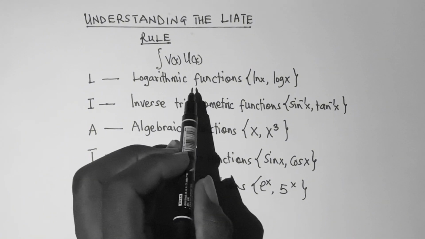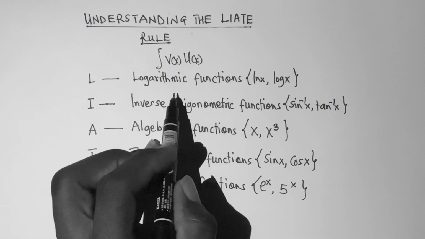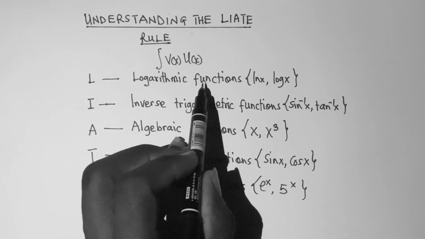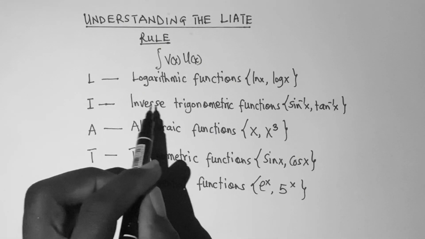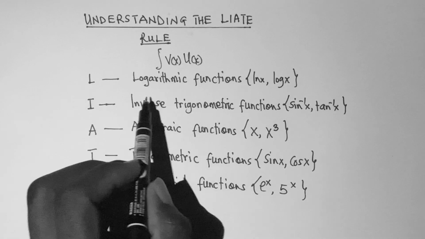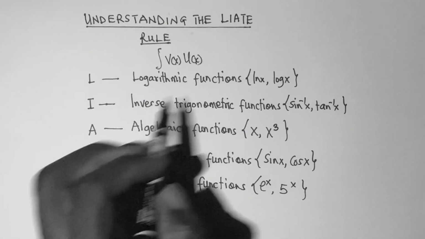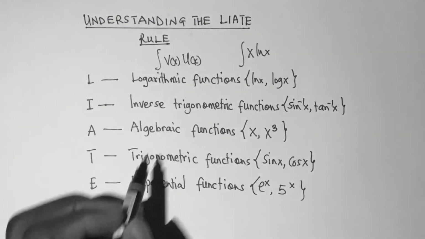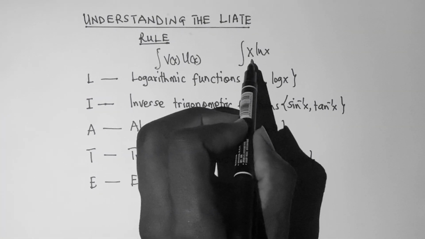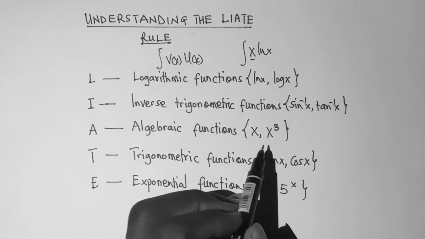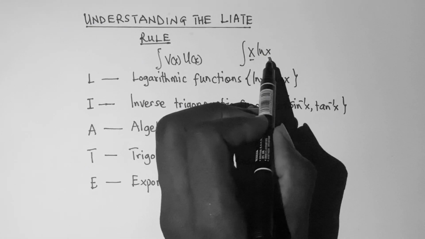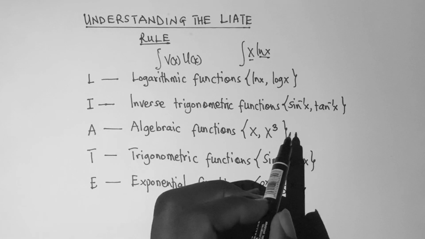With the LIATE rule, what comes first is the one to differentiate. So it tells us which one we should use as our u substitution. So if we have a function like x natural log of x, you see that this function contains x, which is an algebraic function, and it also contains ln x, which is a logarithmic function.